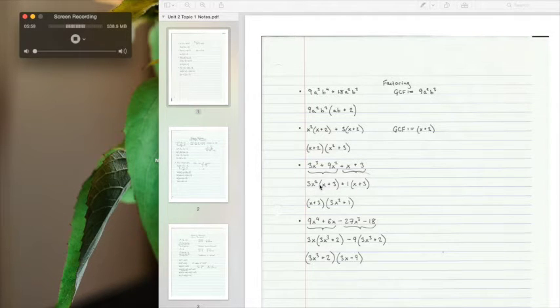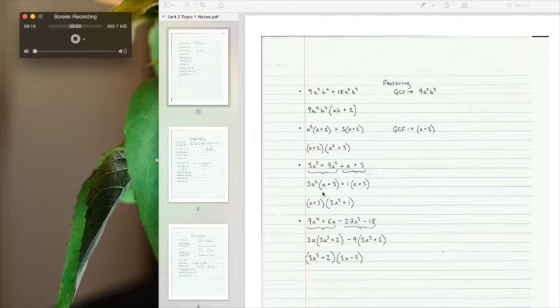3x squared doesn't seem to have anything in common here, but x plus 3 has a match, x plus 3 over here. So x plus 3 is a factor in both of my terms. So it's the greatest common factor in both of these terms.